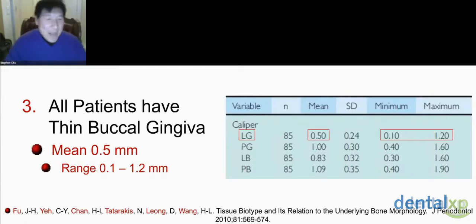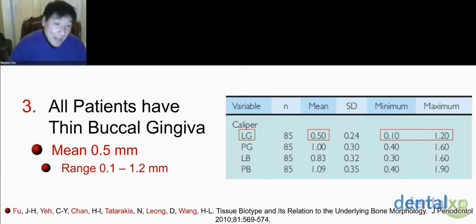When Wang reported this paper, I emailed him and said, with fixated skulls, potentially there might be shrinkage of tissue, and he was measuring soft tissue thickness. He clearly told me that these were not fixated heads, that they were fresh skulls.